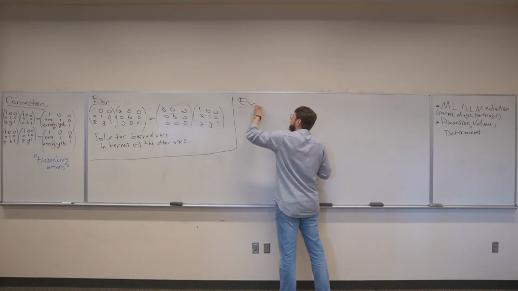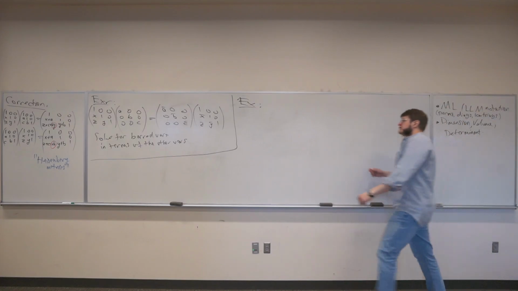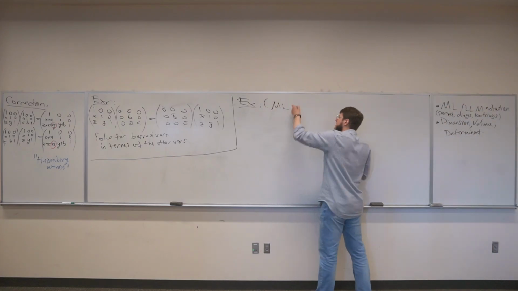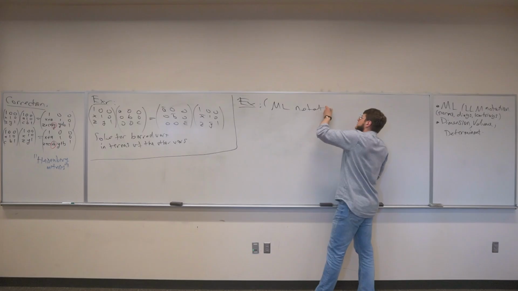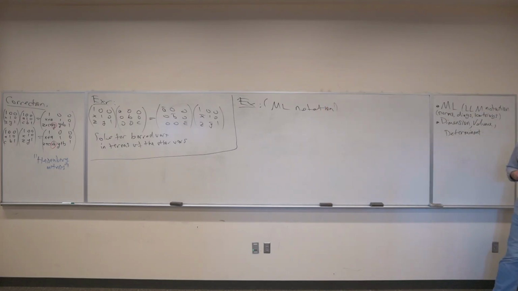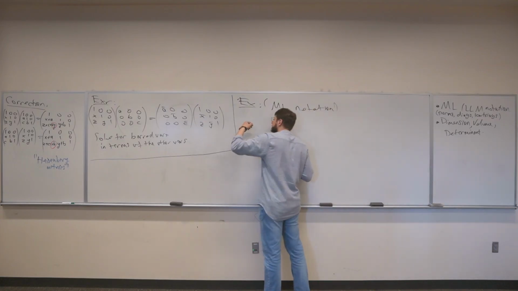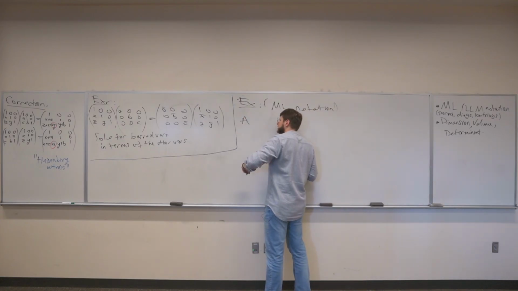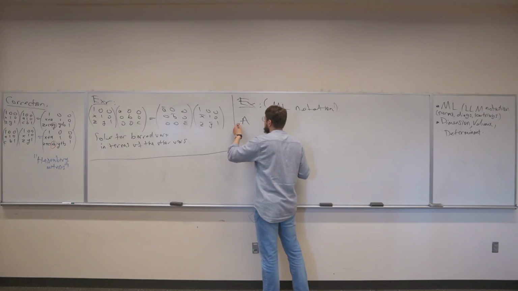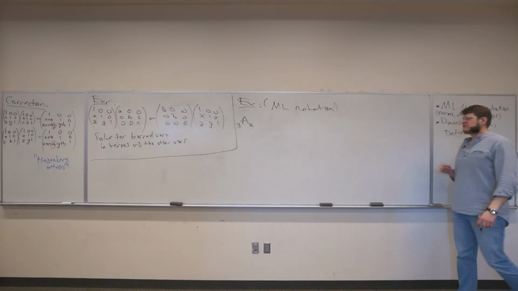We're more comfortable with more notations. So this is the ML notation. I'm going to abstract a bunch of things that are more complicated in general. Just going to look at a simple situation. Say A is 3 by 4. Okay, it's a 3 by 4 matrix.